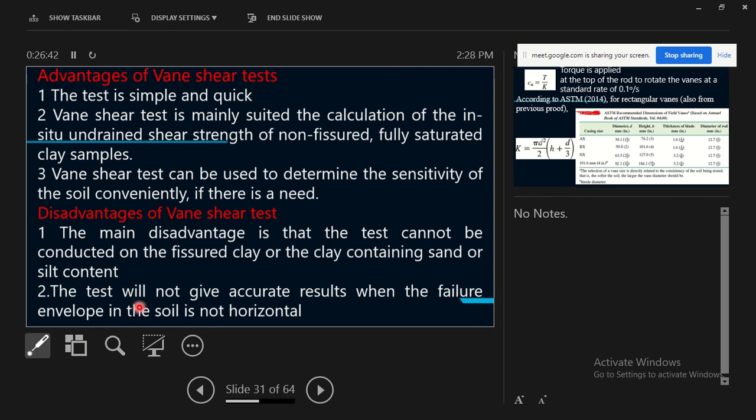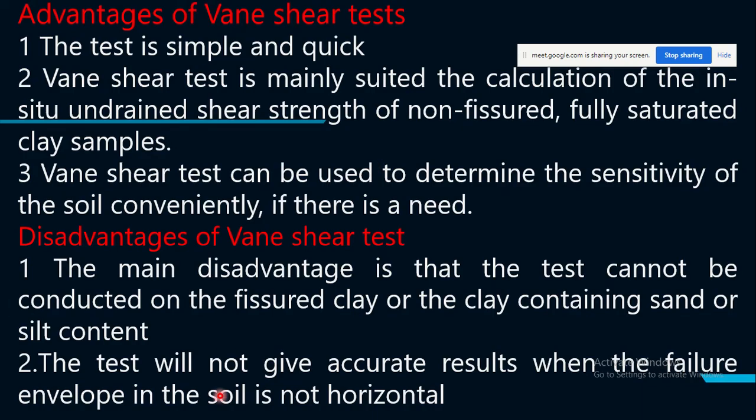The main disadvantage is that it cannot be conducted in fissured clay. Number two, it will not give accurate results when the failure envelope is not horizontal.